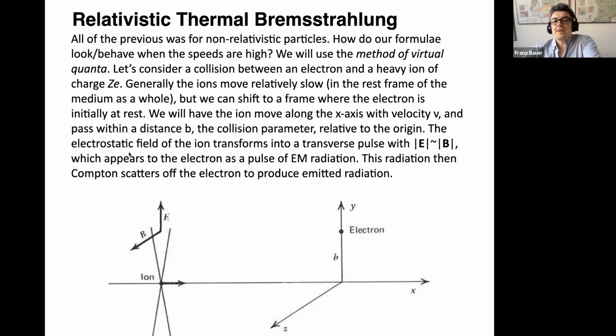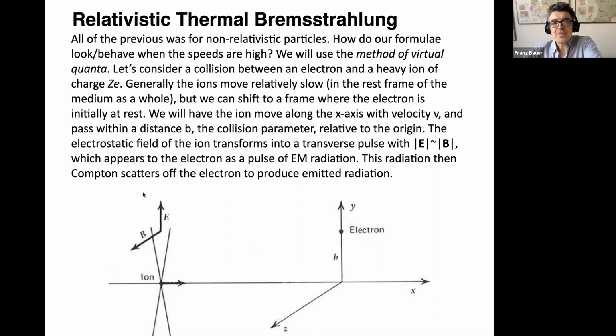So we have this electrostatic field of the ion. It's going to transform into a transverse pulse where the E and B fields are equal but perpendicular to each other. And this is going to appear as an electromagnetic pulse as this thing gets faster and faster. So this shape will become a delta function as the speed approaches the speed of light.